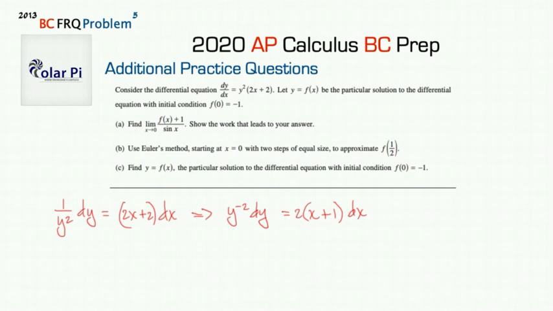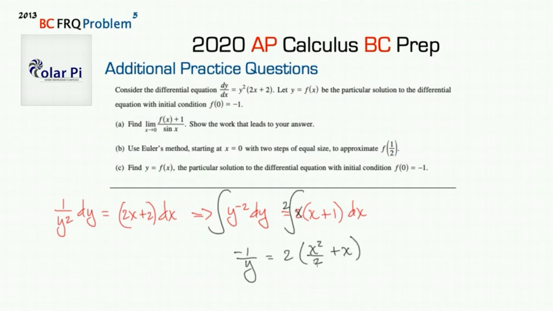Okay. Then the next thing we're going to do is throw an integral sign here and here, so we integrate both sides. When we do, this is going to be y to the negative 1 divided by negative 1, so that's negative 1 over y, plus c. But we're going to combine the c from the left and the c from the right and write one c on the right-hand side. We could write this 2 in front of the integral, so you've got 2 times the integral of x plus 1, and that's x squared over 2 plus x.